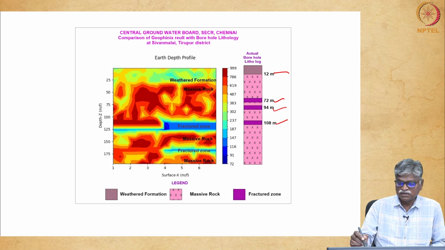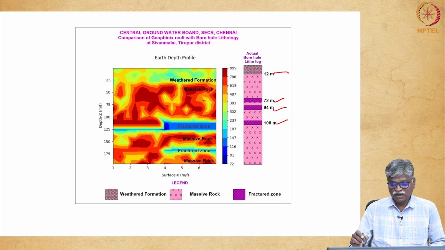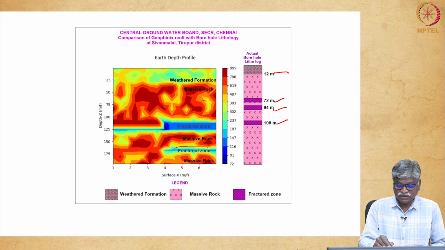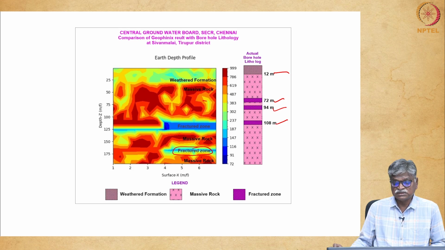One fracture is around 72 meters, another at 94 meter, and 108 also we got a fracture. They drilled up to 200 meter, and it is also a very good yield. In Tirupur district, 3 LPS or so they got.